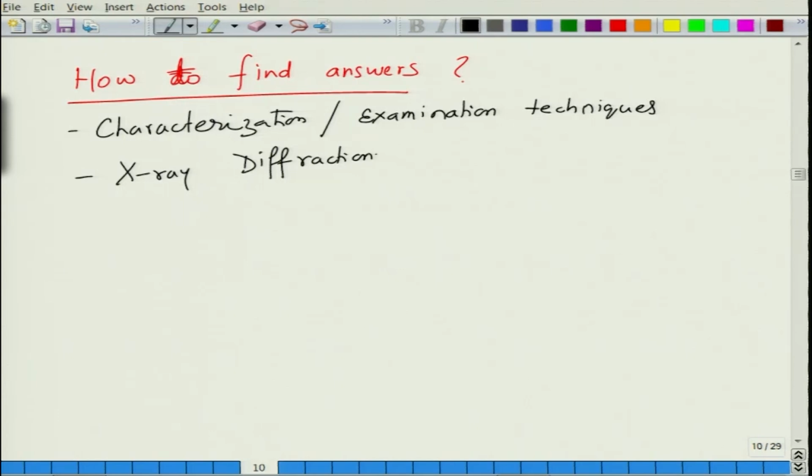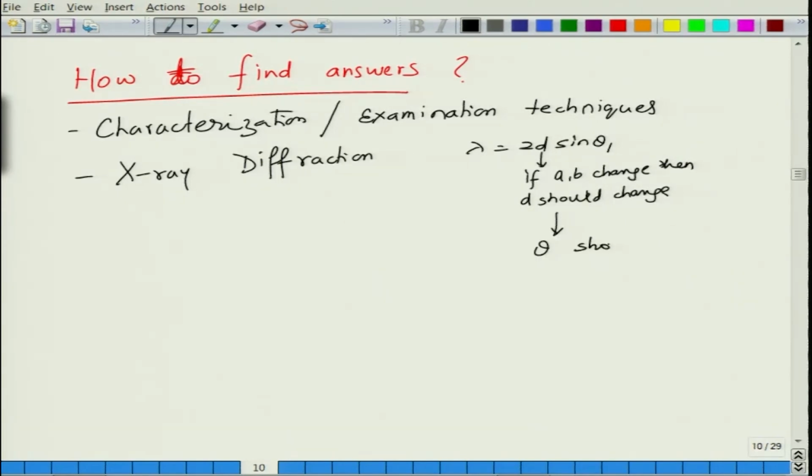So, X-ray diffraction is nothing but lambda is equal to 2d sin theta. So, let us say you have a peak for a given material at certain value theta 1 for certain d spacing. If you are changing the atomic lattice parameter, which means if AB change, then d should change, which means theta should change.